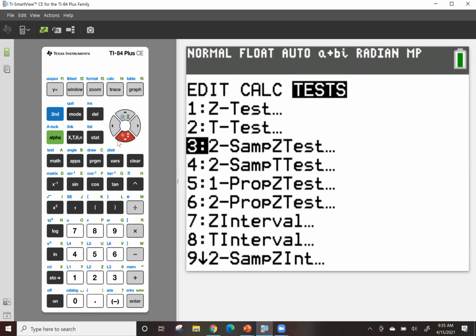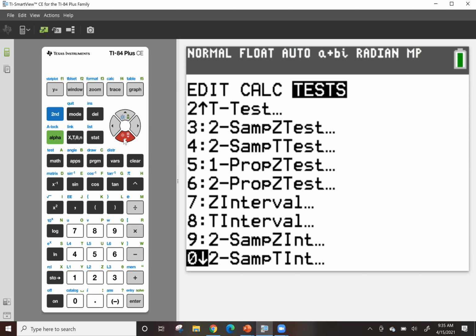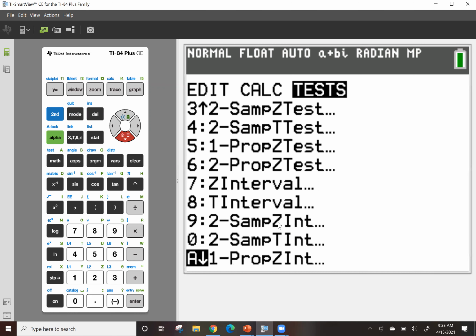So if I go down, look at there. I have a 2 sample z interval and a 2 sample t interval. So what are you interested in doing? A 2 sample t interval.